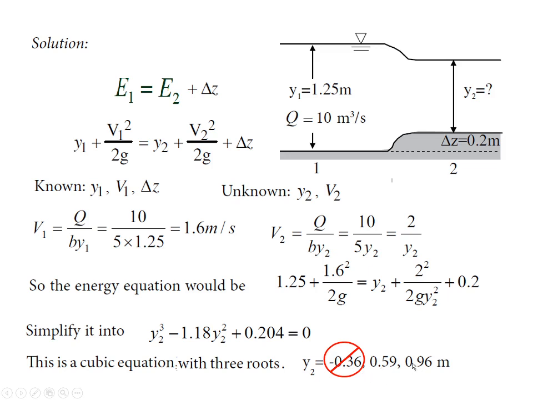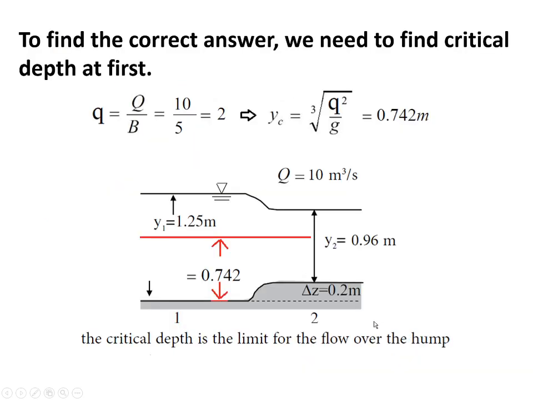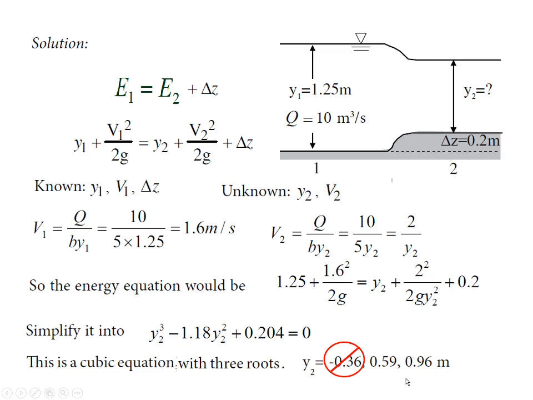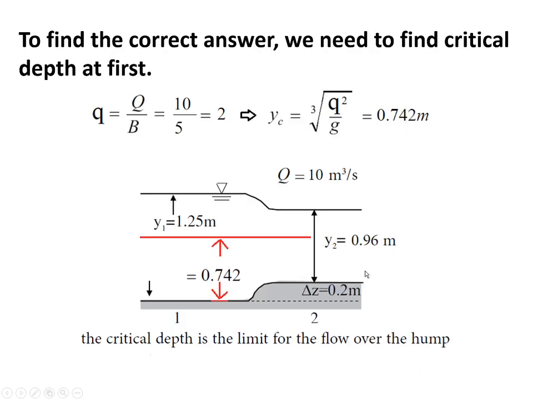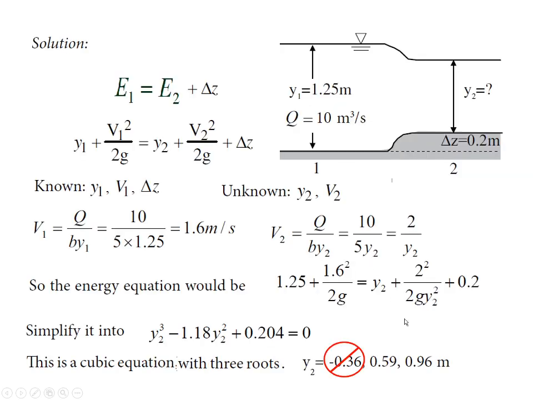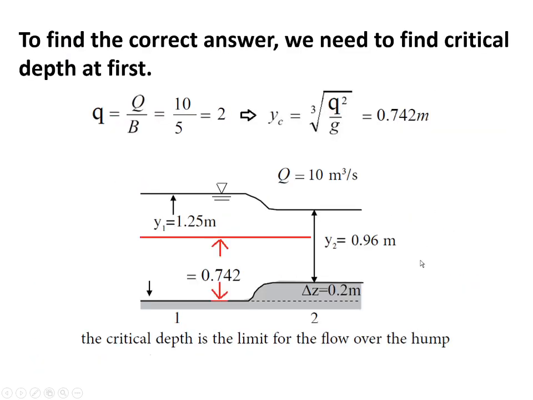Among these two answers, only this one is higher than 0.74. Therefore, the answer would be 0.96. As you see here, y2 is 0.96, and therefore the correct answer for this problem, y2 equals 0.96.